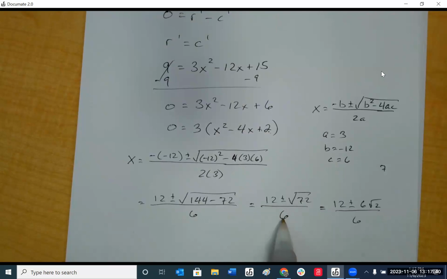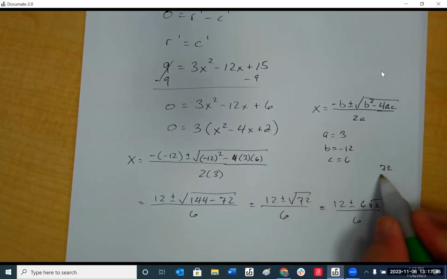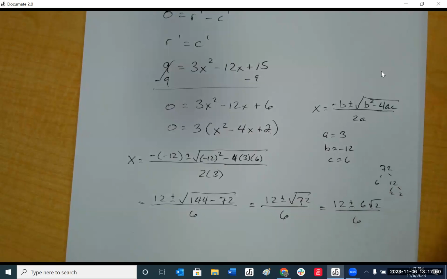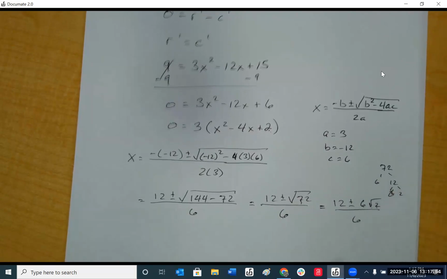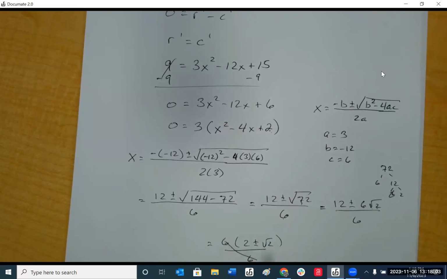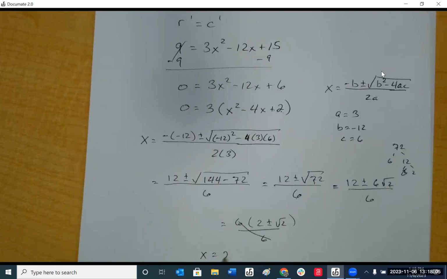In order to cancel this, you have to have both of them on top, since it's addition and subtraction. So we take 72. 72 is made up of 36 times 2. So the 6 comes out, radical 2. So I can factor out a 6. So my x is equal to 2 plus or minus radical 2.